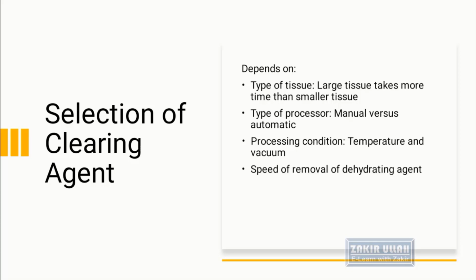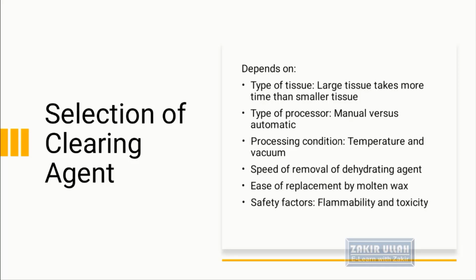Other factors are the speed of removal of the dehydrating agent, the ease of replacement by molten wax, the safety factors, whether it is inflammable, the toxicity level of the agent, and the cost of the clearing agent.